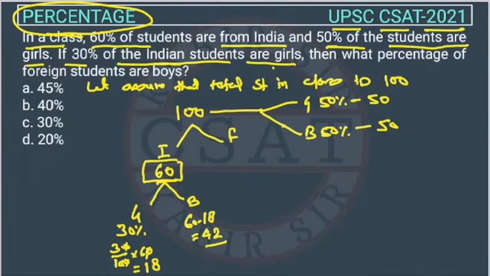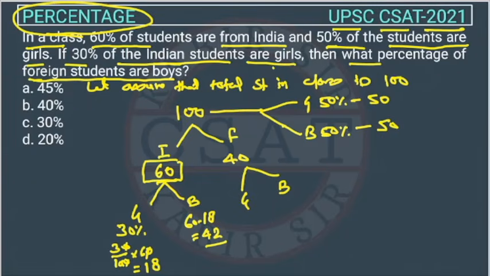अगर यहाँ पे 60 इंडियन हैं तो फॉरेनर कितने हो गए? 40, right? Okay, then what percentage of the foreign students are boys? We have to find how many percent of foreign boys there are out of the total foreign students. There are 40 foreign students, and out of this 40 there will be girls and boys.